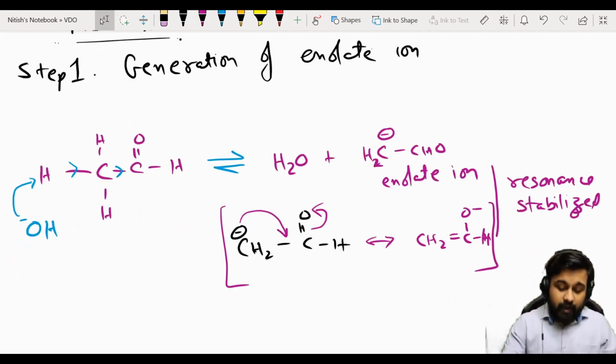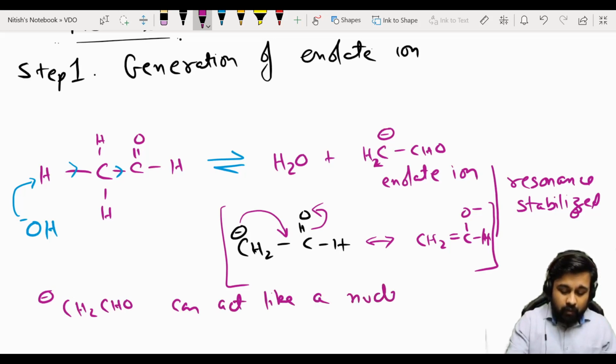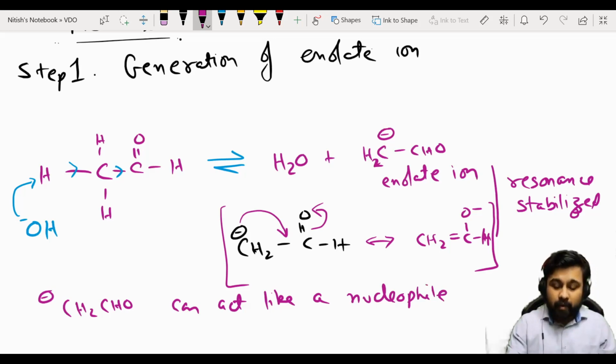This enolate ion will work as a nucleophile. This CH2 negative CHO can attack the carbonyl carbon in the solution. That is step 2, the attack of the enolate ion as nucleophile on a carbonyl carbon.